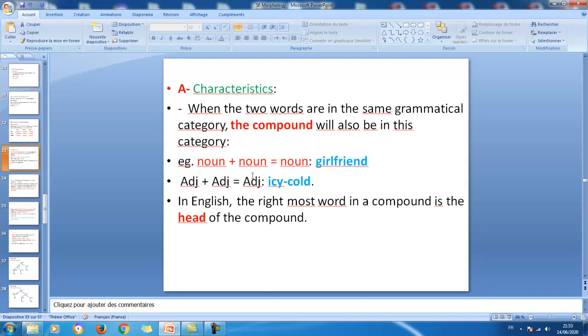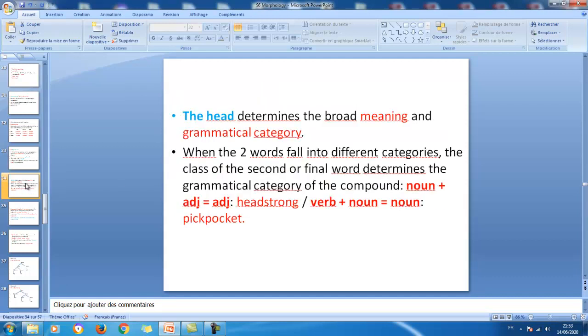Adjective plus adjective gives us an adjective, icy cold. In English, the rightmost word in a compound is the head of the compound. So friend is the head of the compound girlfriend, and cold is the head of icy cold.